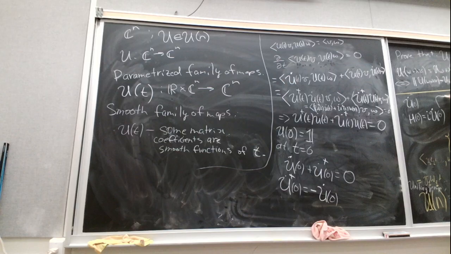So this means that u dot at 0 is equal to minus i h, and u dot dagger is equal to i h dagger. Do you agree with this?